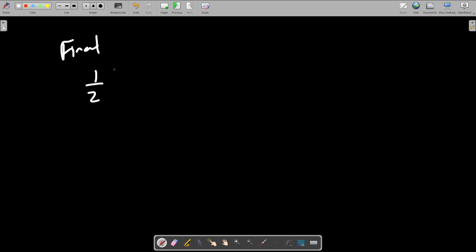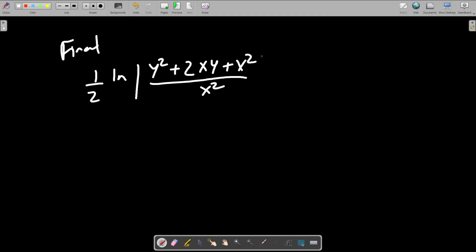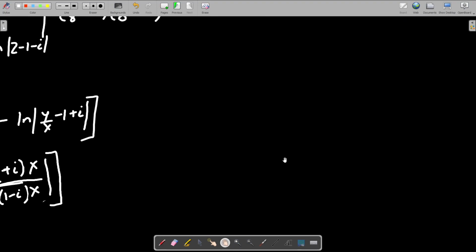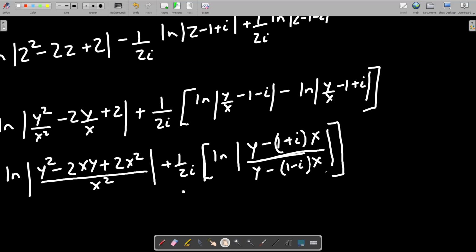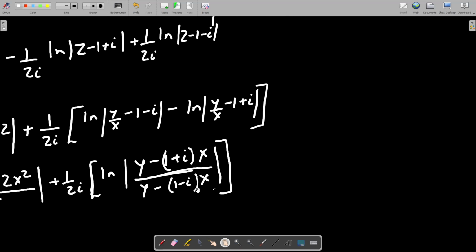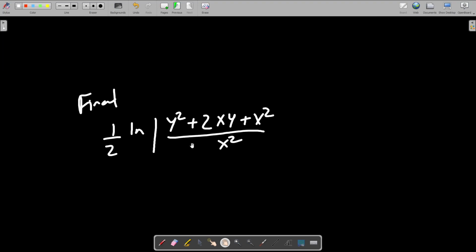I'll be having half times ln of y square plus 2xy plus x square upon x square. Okay, this should have been 2x square. Where did the term come? Yeah, 2x square, no? Oh, and it's a minus 2xy. It's 2xy.